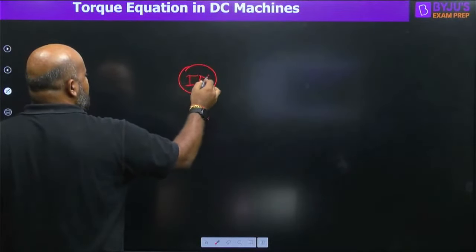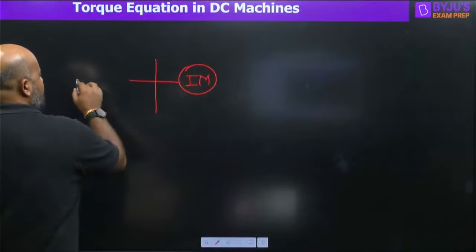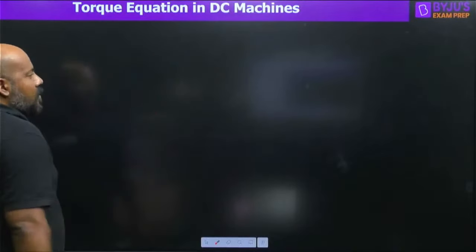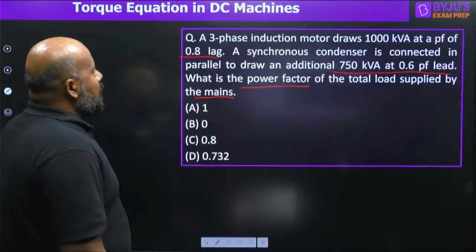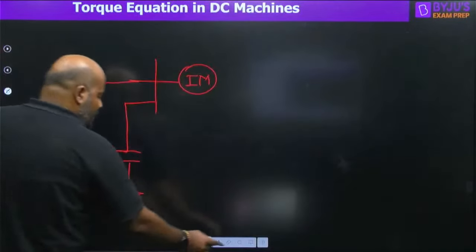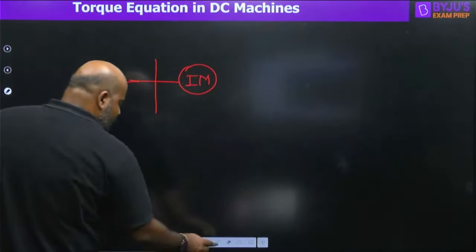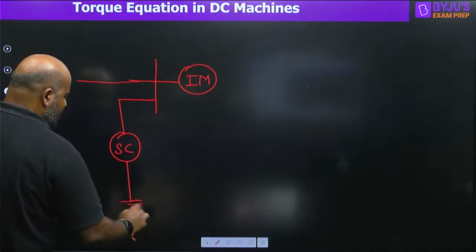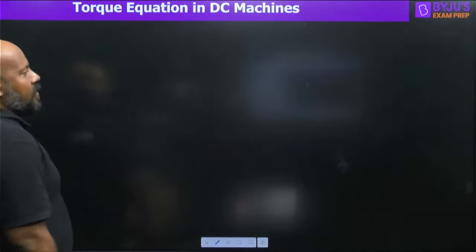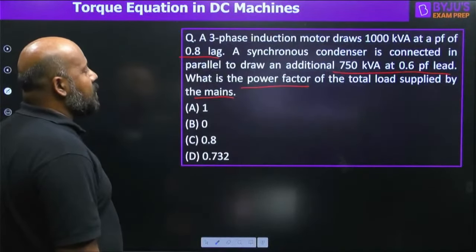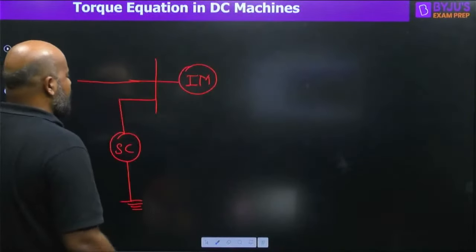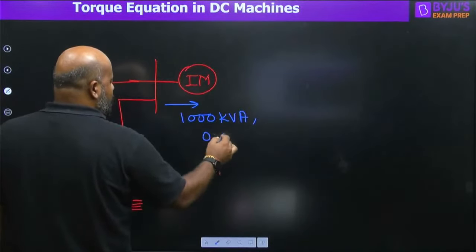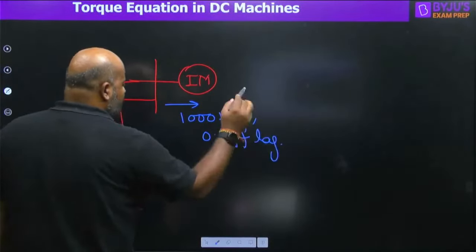So he is saying there is an induction motor. Suppose there is an induction motor connected to the system, and here you are connecting a synchronous condenser. Suppose this is your synchronous condenser. He is saying the induction motor is drawing 1000 kVA at 0.8 power factor lagging.